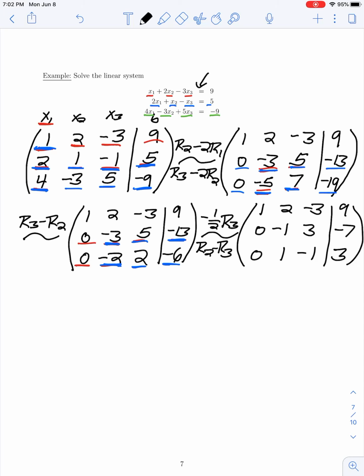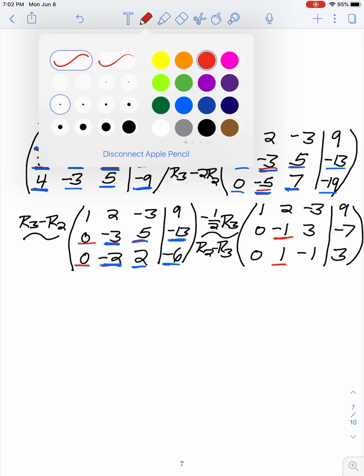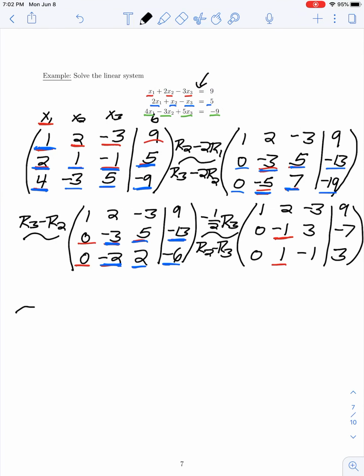So at this stage, by performing these operations, I now have a coefficient of x2 of negative 1 and a coefficient of x2 of positive 1 in those second and third rows. Now it becomes much simpler to kill off one of those x2 coefficients without having to use fractions. One easy way to proceed would be to take row 3 and add row 2 to it.